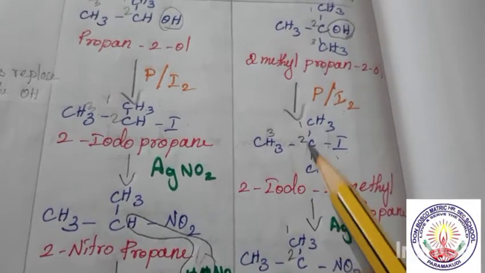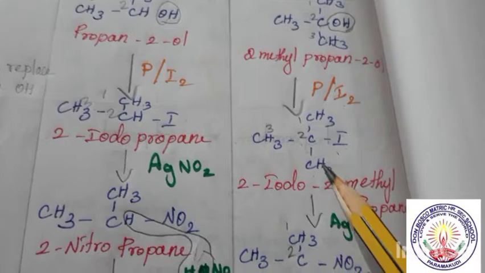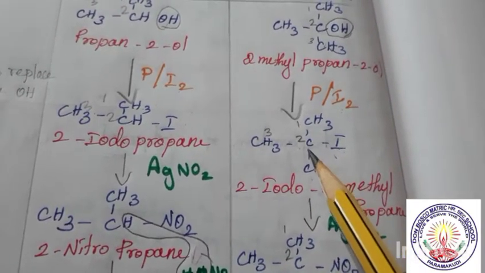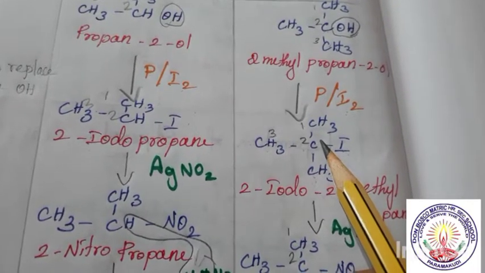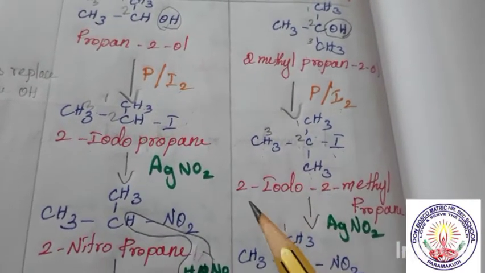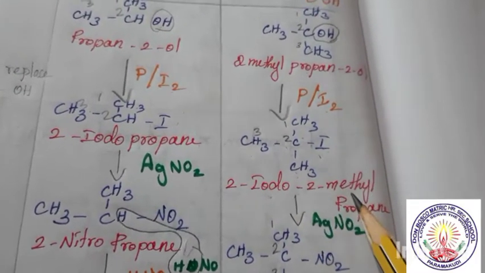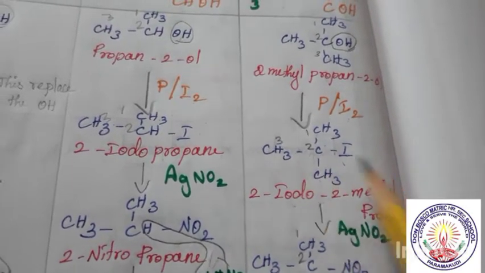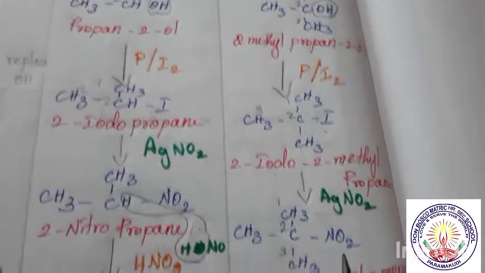The iodide is present on the second carbon, and the methyl substitution is also on the second, so 2-iodo-2-methylpropane.